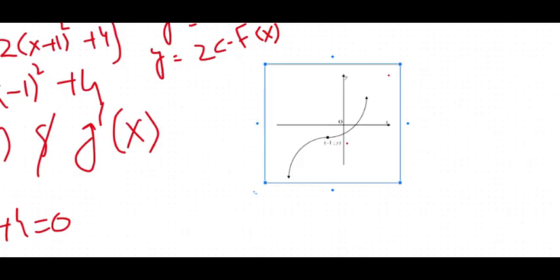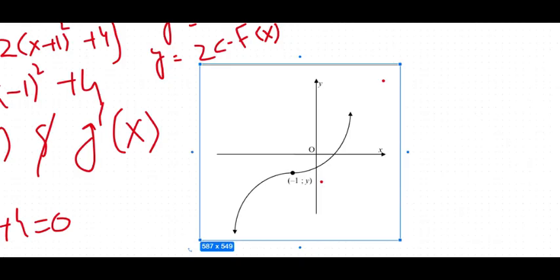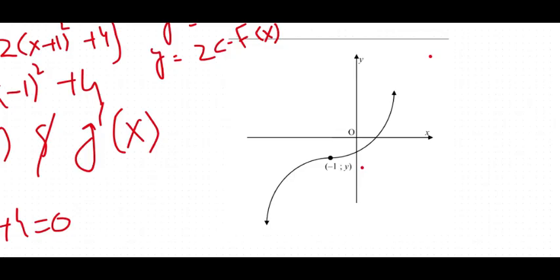The point of inflection is at x equals minus 1. This is the value of x and this is y. So here is the representation of the graph.